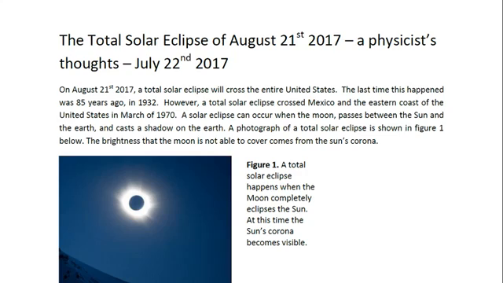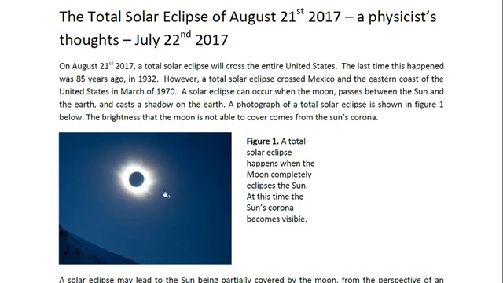A solar eclipse can occur when the moon passes between the sun and the earth and casts a shadow on the earth. A photograph of an eclipse is shown in figure 1. We can see the sun, and the moon crosses in front of the sun and obscures the total solar surface.